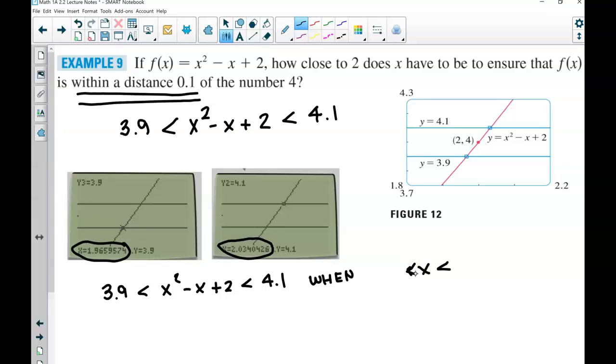Well, we just determined that. One of them is 1.97 on the left, and the other one is 2.03. And so therefore, this function is within a distance of 0.1 of 4 when x is within a distance of 0.03 of 2.